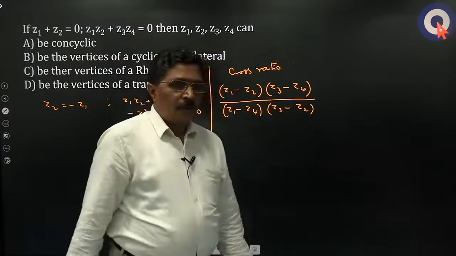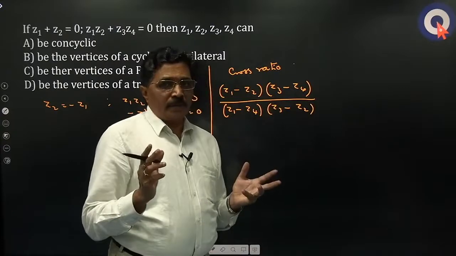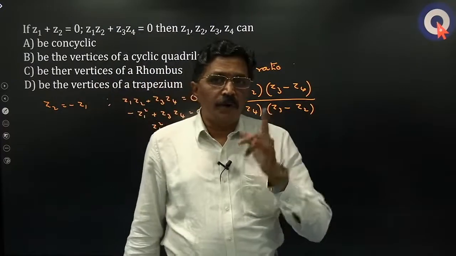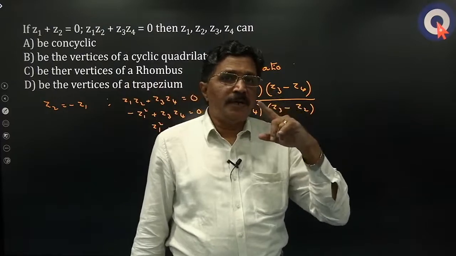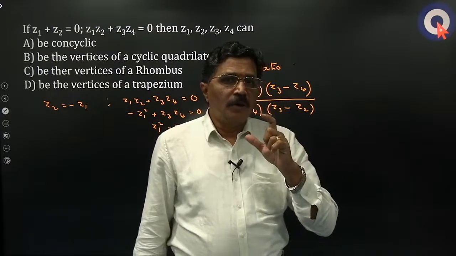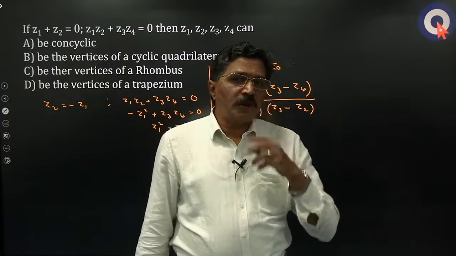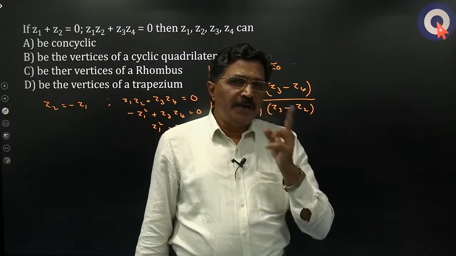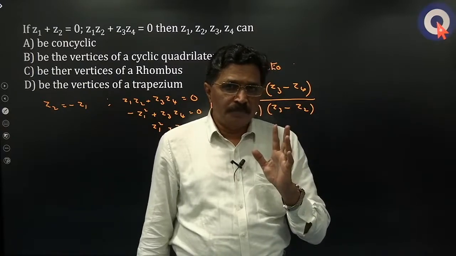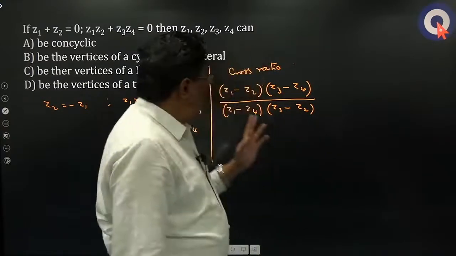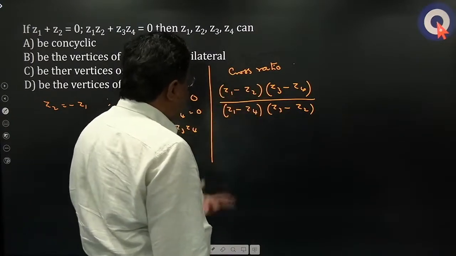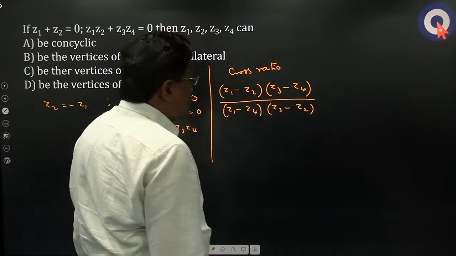See, z1, z2, z3, z4 cyclically can be permuted in 4 minus 1, 3 factorial ways, that is 6 ways. So any of the 6 cross ratios you can consider. If any one cross ratio is real, all other cross ratios are also real. So we shall see if this cross ratio is becoming real, in which case the points will become concyclic.